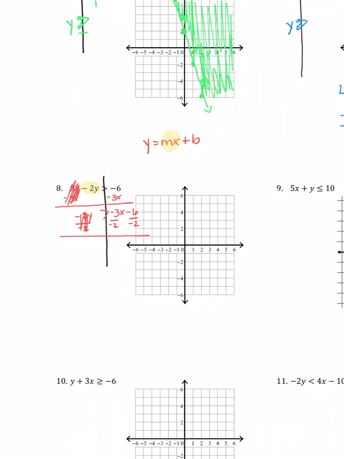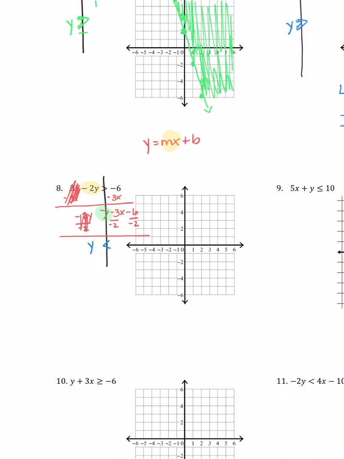If you remember from one of the other lessons, if we divide or multiply by a negative, this middle symbol has to flip. So I'm going to flip this middle symbol and make it the other direction. My y is all by itself, so I'm going to leave that there. And instead of being greater than, it is now less than.